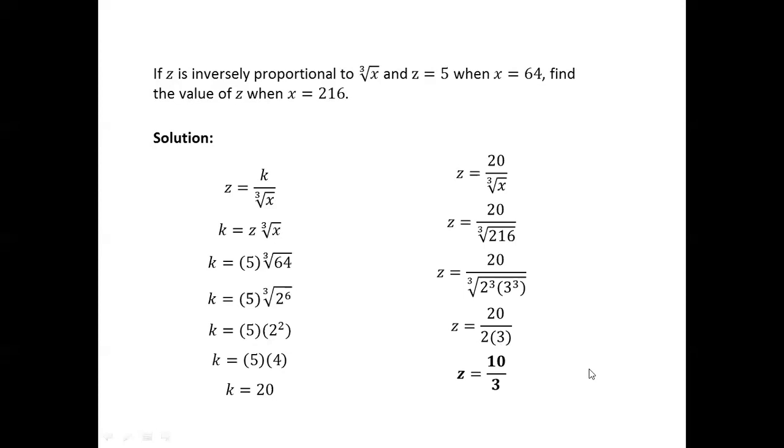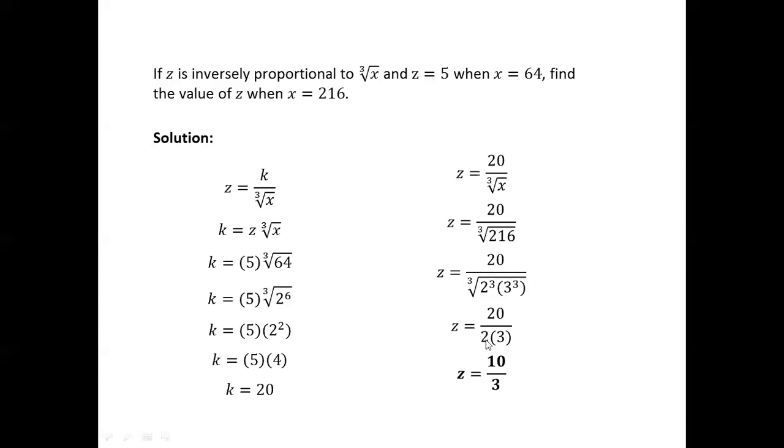Now, let's look at the inverse proportionality concept. Notice that the x values underwent an increase. So if we look at their cube root values, the cube root of 64 is 4, and the cube root of 216 is 6.